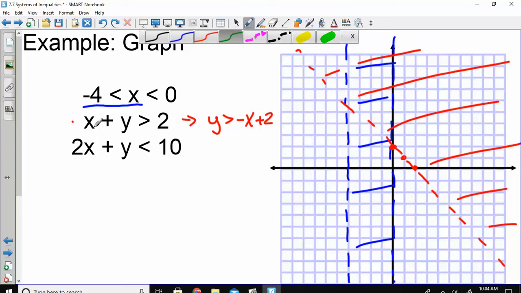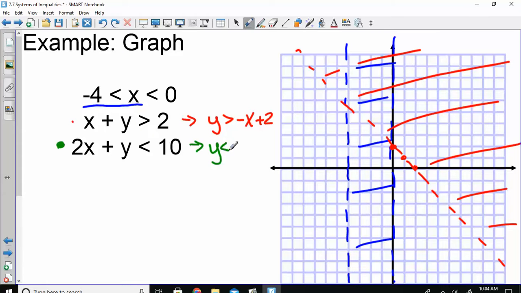Now we have another one. So we have to find the overlap between all of them. So this one, I can subtract over my 2x. My y-intercept is 10. Slope is negative 2, so down 2 over 1.